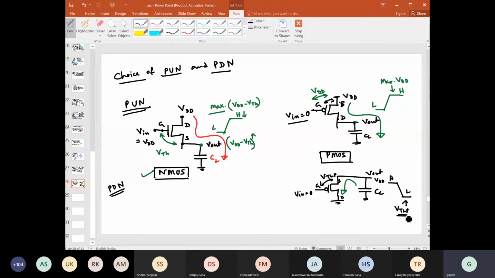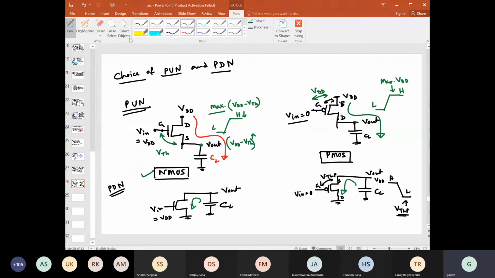Now if you think about using NMOS as a pull down network, it is CL, it is V out, and this is ground. Here V in has to be equal to VDD, and in that case, yes, it can discharge.